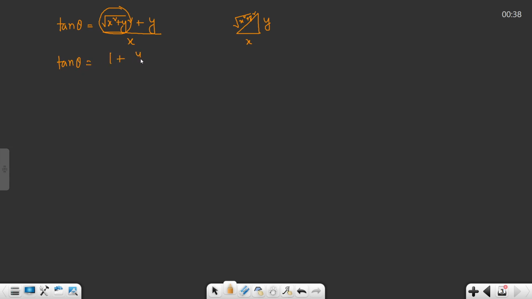1 plus y divided by root over x squared plus y squared, divided by x divided by root over x squared plus y squared. Now, if you consider this angle to be, let's say, alpha, then tan theta becomes 1 plus sine alpha divided by cos alpha, right?